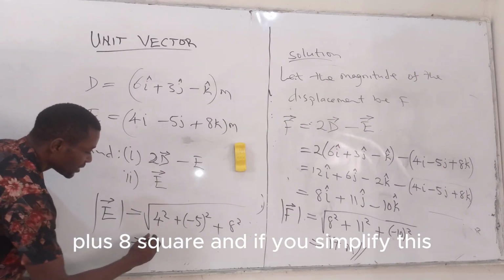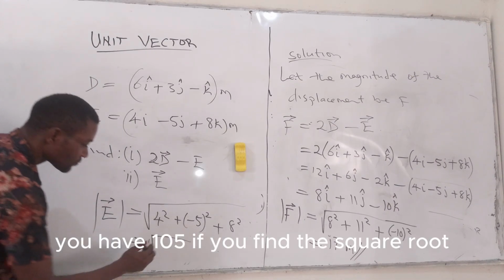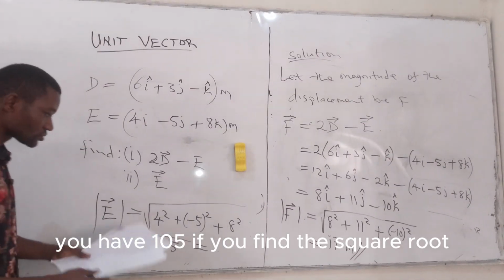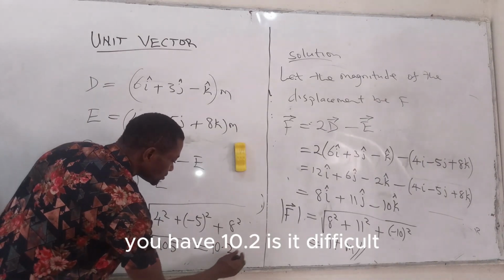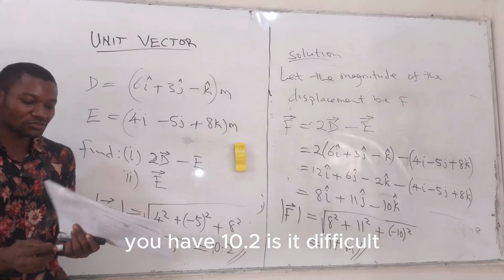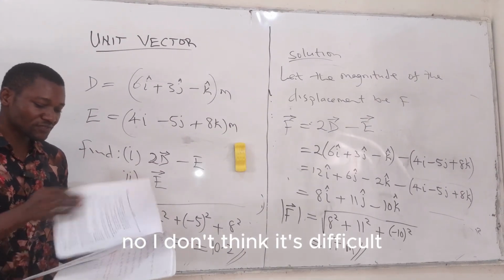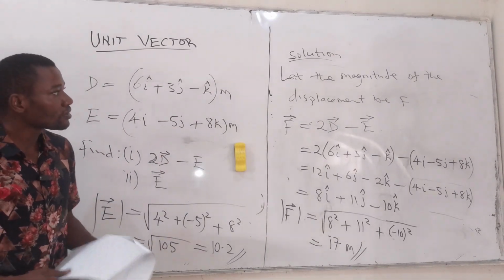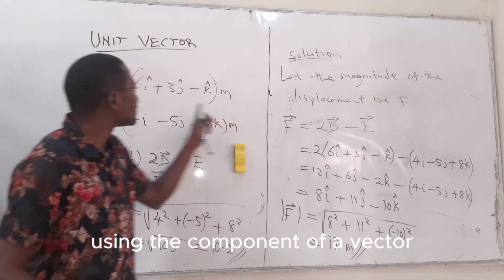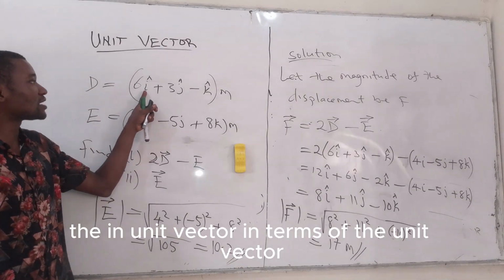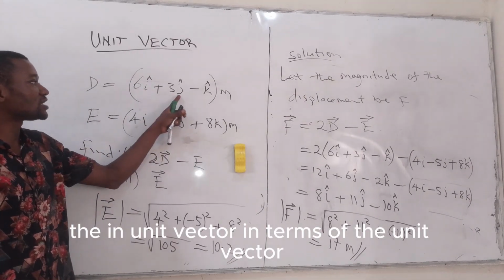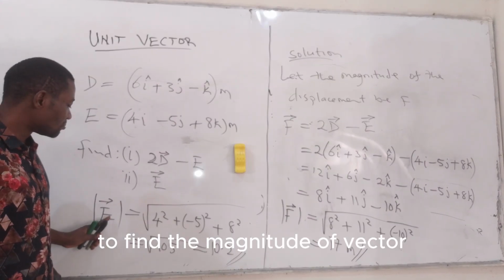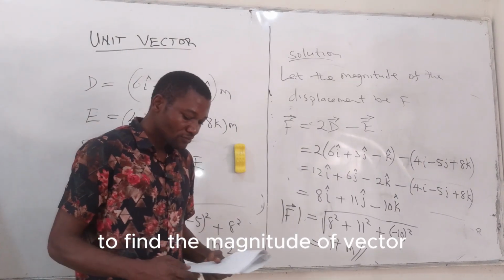And if you simplify this, you have 105. If you find the square root, you have 10.2. Is it difficult? No, I don't think it's difficult. So this is how we go about using the components of a vector, in unit vector form, to find the magnitude of a vector.